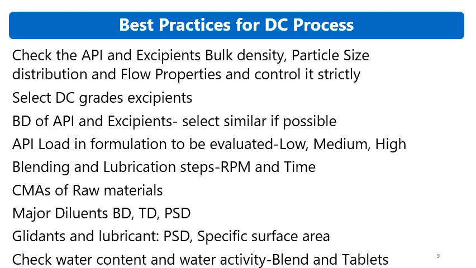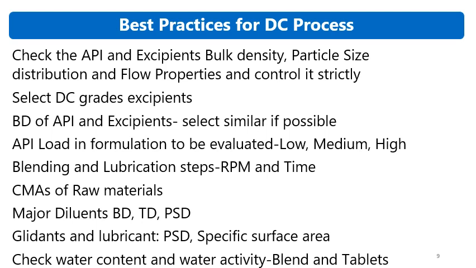Always try to select the DC grade excipients, because these are the excipients which are mainly researched and manufactured for direct compression. These DC grade materials have a good particle size range and good flow, so these can be selected.